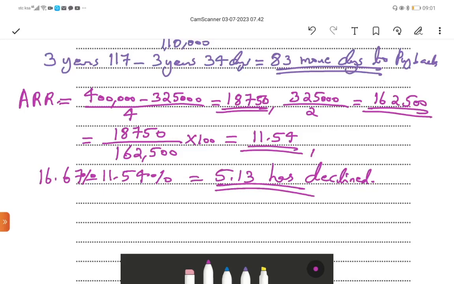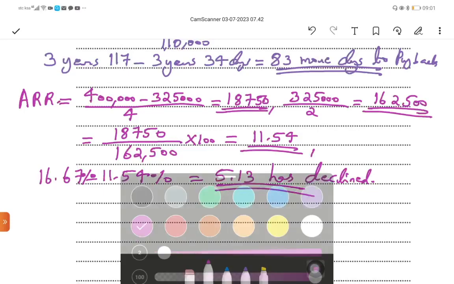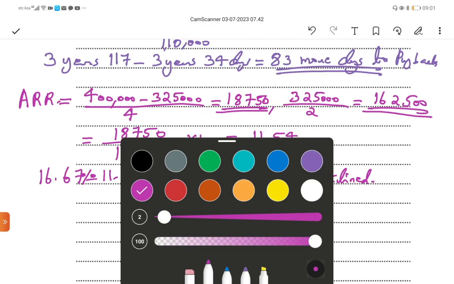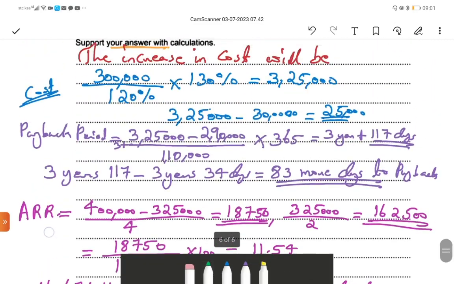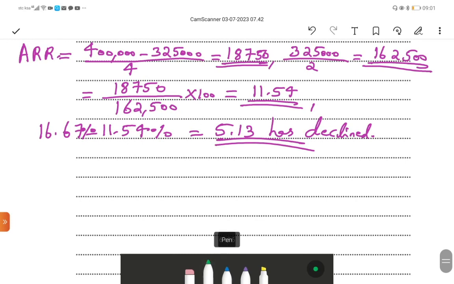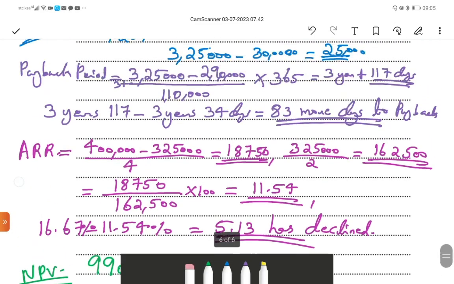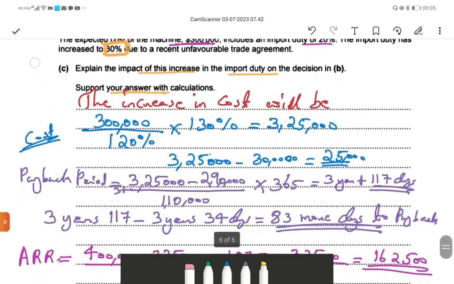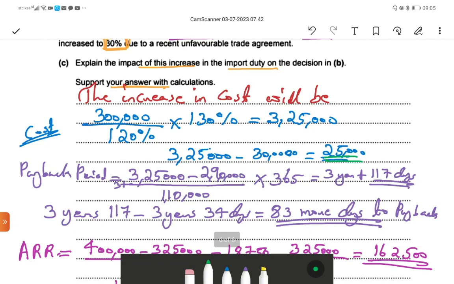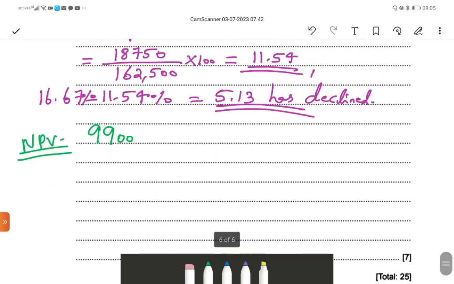Next, net present value. Before, how much was our net present value? It was 9,900. Now we have to reduce the cost of the new item. What was the cost? The cost is 25,000.